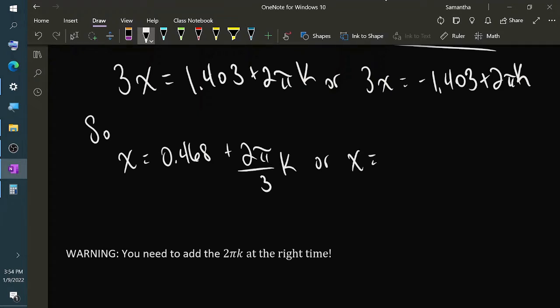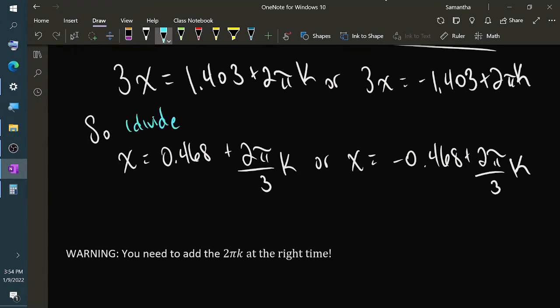And likewise, the other inputs can be found from the other branch, negative 0.468 plus 2 pi k over 3. This can be obtained by dividing by 3. These are the numbers which can be substituted for x that will make the given equation true.